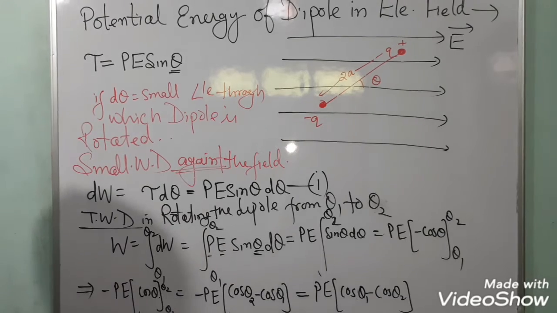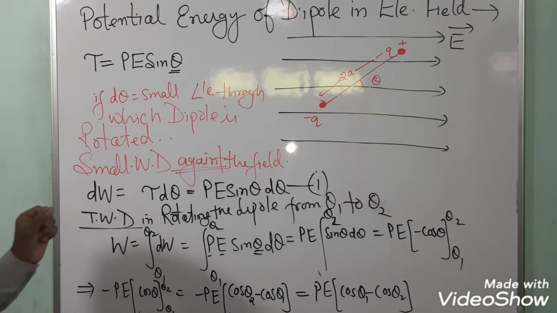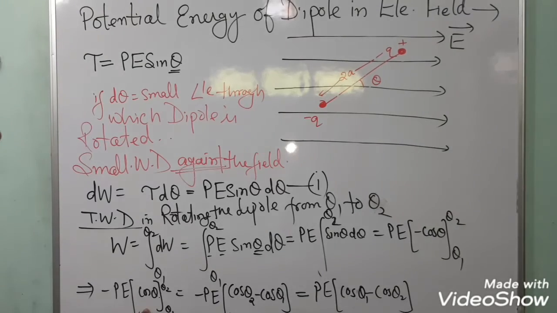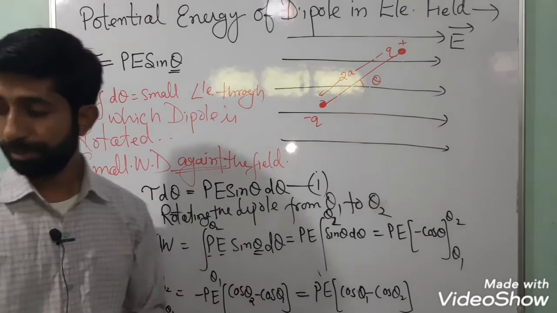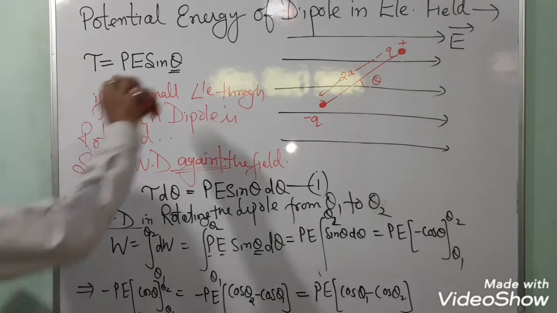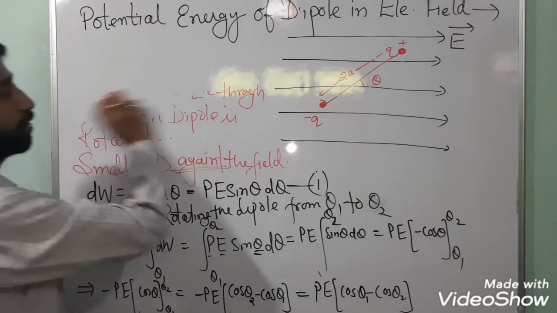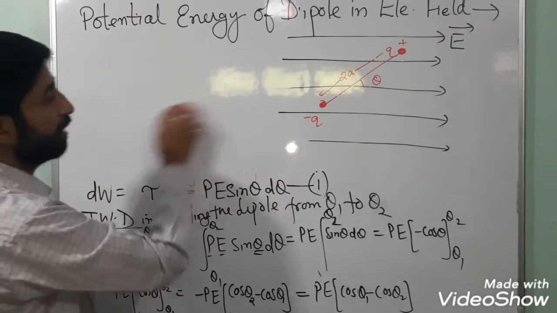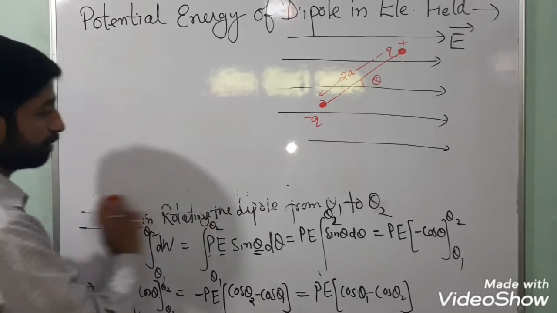You have to only keep your mind and eyes very much fixed on these terms, the integration, and finally the limits we have put. Now coming back to the different cases, this will be the total work done from theta 1 to theta 2. This total work done gets stored as the potential energy, as the heading of the topic says.